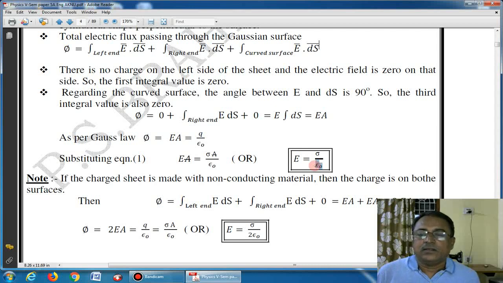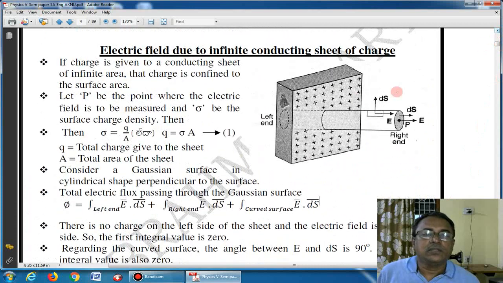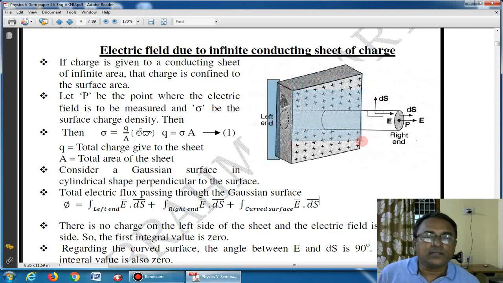And here we will take the other case also, that is the non-conducting sheet. Suppose a non-conducting sheet is taken, then the charge is confined to the two surfaces, that is, the left surface and this right surface.